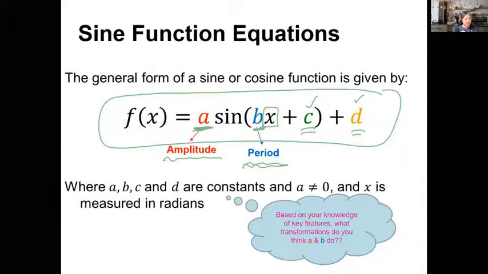Then let's focus on values A and B and how each affects the graph of the sine function, okay?